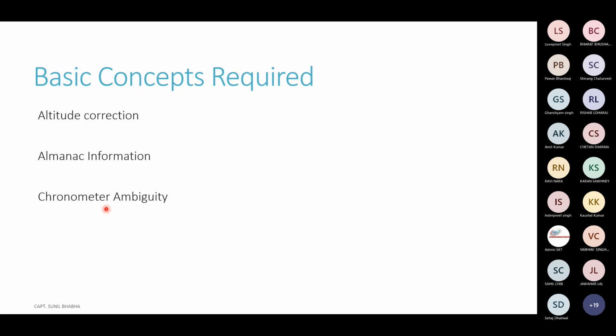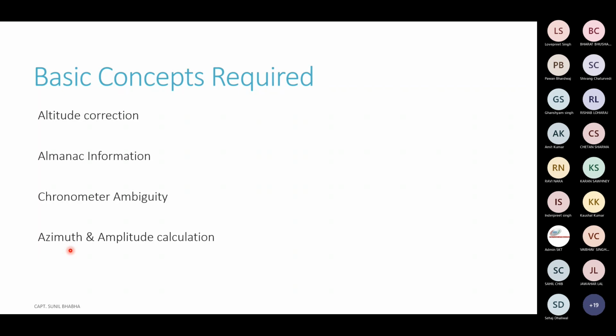So it will be good if we understand what this chronometer ambiguity is and how it is resolved. Practically, it is not of much use nowadays because we have access to accurate GMT time now, and chronometer is hardly used to obtain the GMT time.